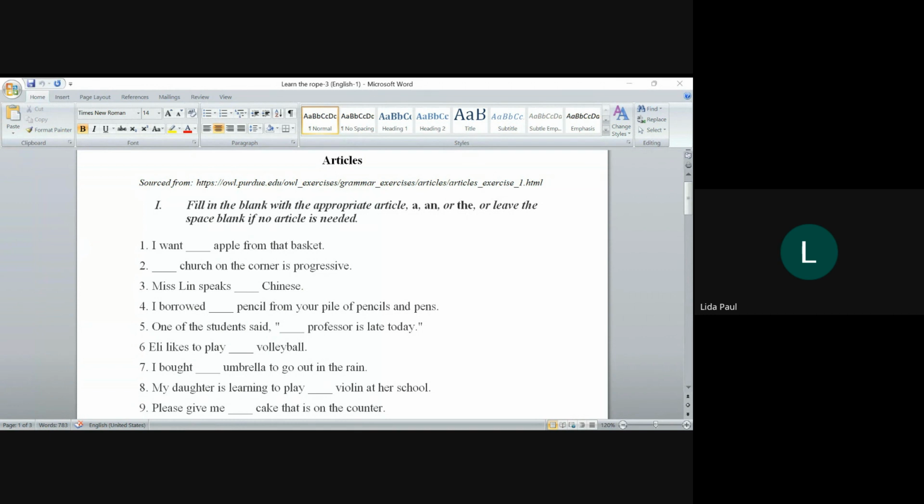Because there are certain elements in English that you cannot correlate with what you know of languages in general. There are some things that you can think about in your own languages and then see how they relate in English. But articles is one such topic which is difficult to grasp based on your understanding of your native language.